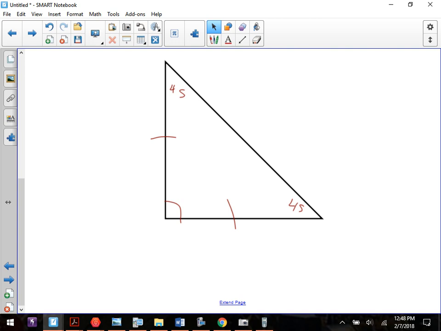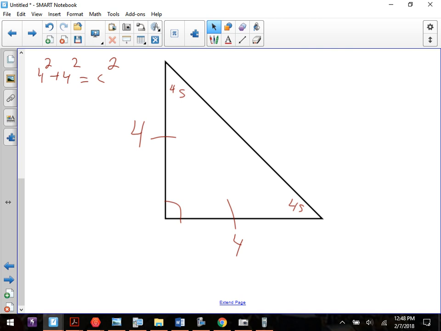Now, if I pick a number really easy to work with, let's say this side length is 4. What does that make the other side length? 4. Good. Reason being that it's isosceles. Now, how do I figure out what the hypotenuse is going to be? What method am I going to use? That right there. Excellent. So I would write out 4 squared plus 4 squared equals my hypotenuse squared, which I'll just call C. Are you okay with that?